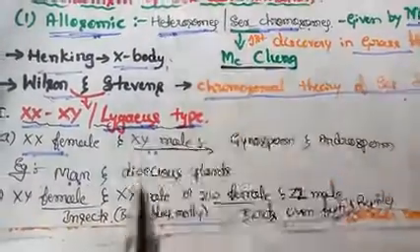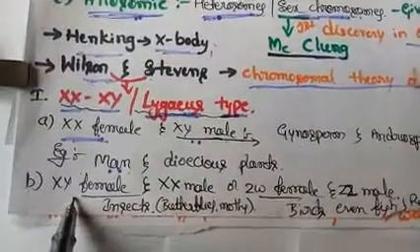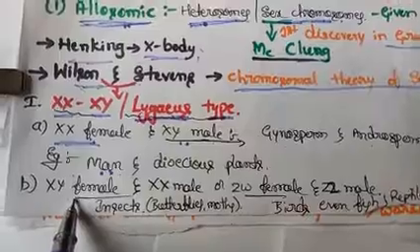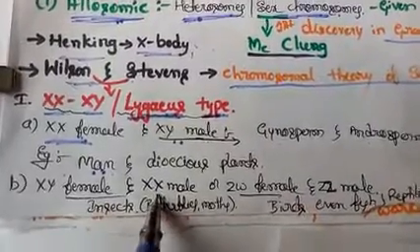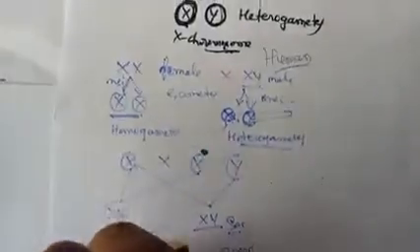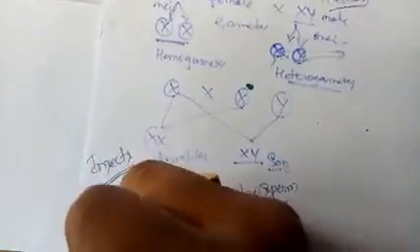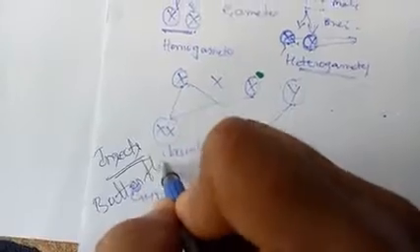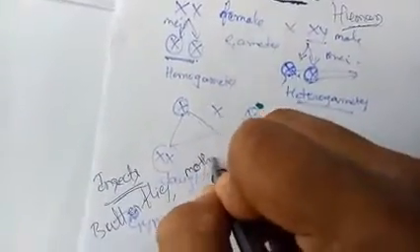So this type of XX female, XY male sex determination can be seen in man and dioecious plants. Then another type of XX, XY sex determination is XY female and XX male. The same pattern can be seen in most insects, like butterflies and moths.